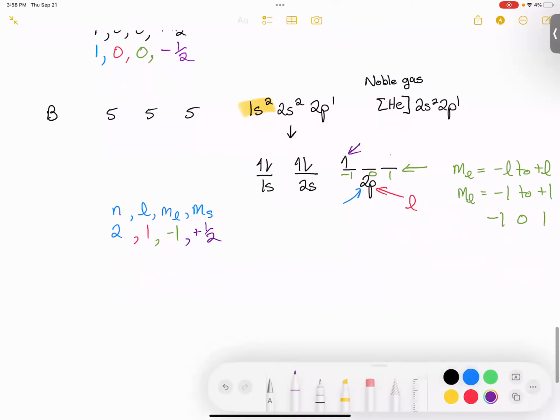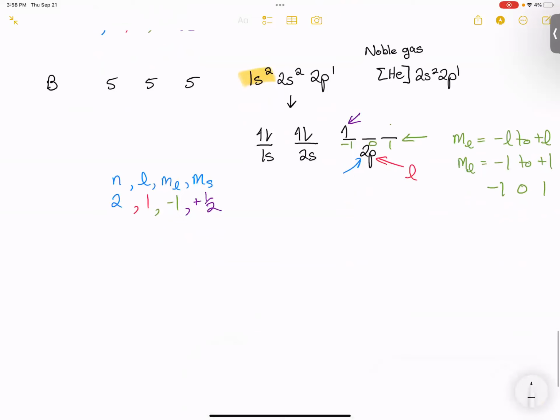Okay, before I introduce the very last one, which is going to be nitrogen, I do need to talk about degenerate orbitals.